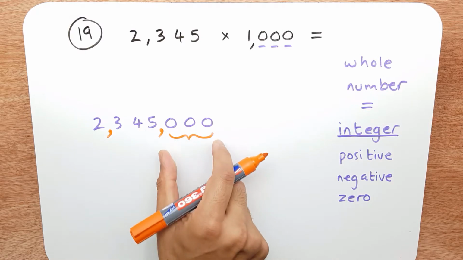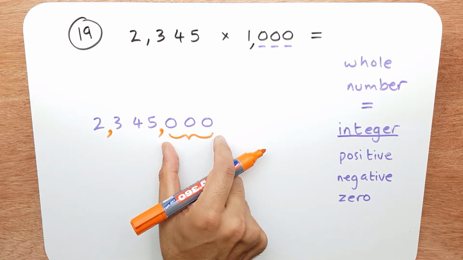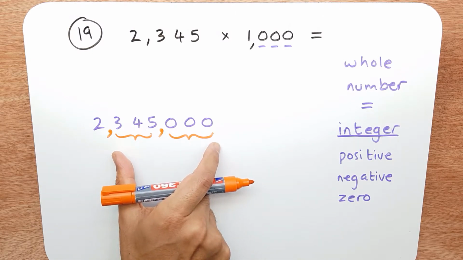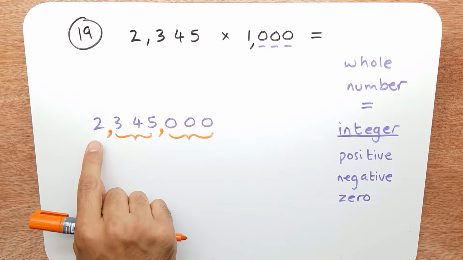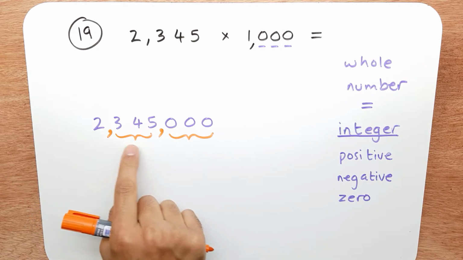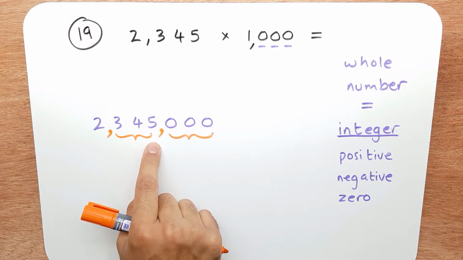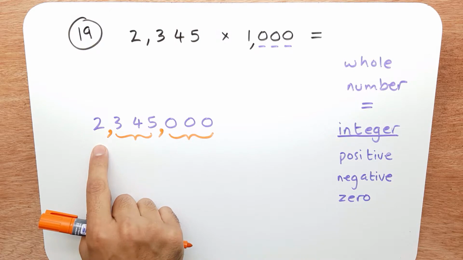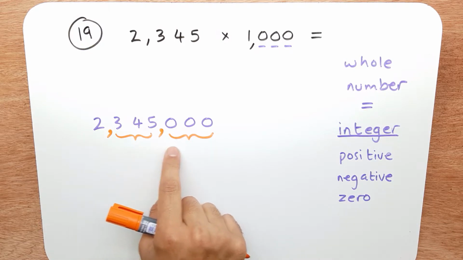So this you should think of as thousands. The next 3, millions. So this number is 2,345,000, and there's nothing there. So it's simply 2,345,000.